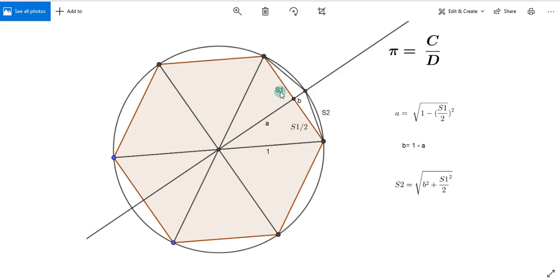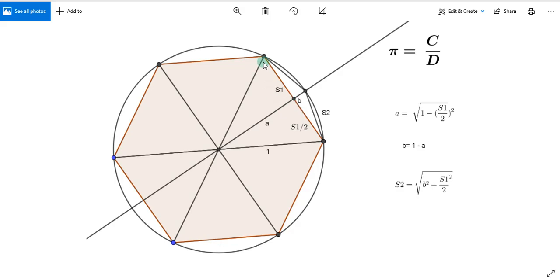S1 is represented by this whole length, the side of the polygon, and S1 by 2 is from this point to this point.